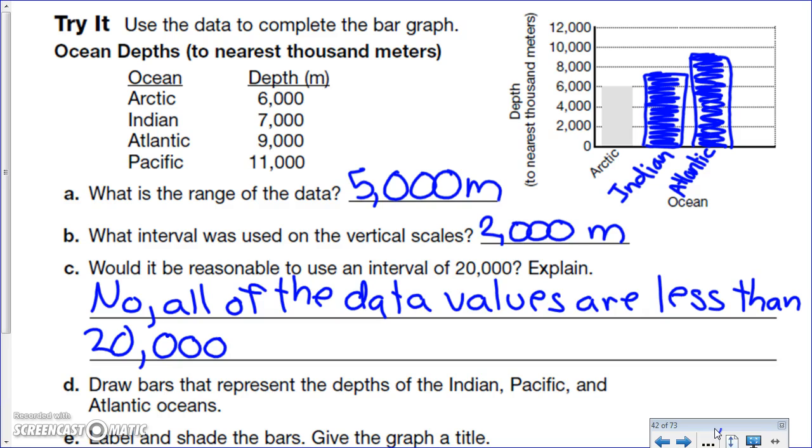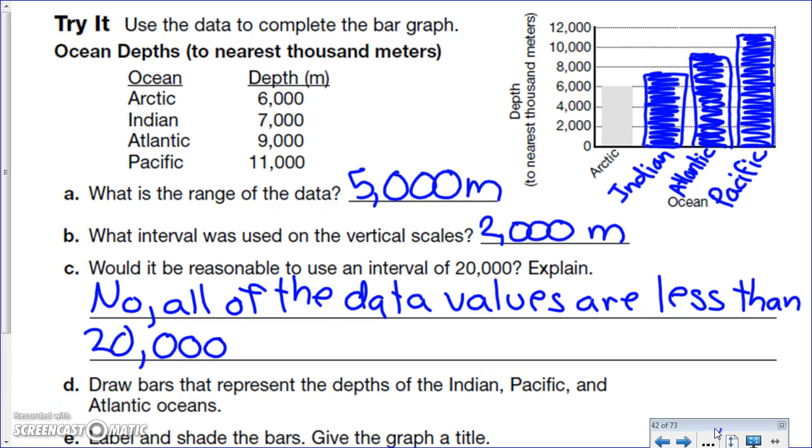Finally, we're going to add the Pacific Ocean, which goes up to 11,000. So it's going to go halfway between 10 and 12,000. Finally, for step E, we need to give the graph a title.